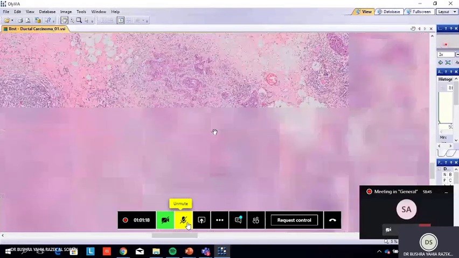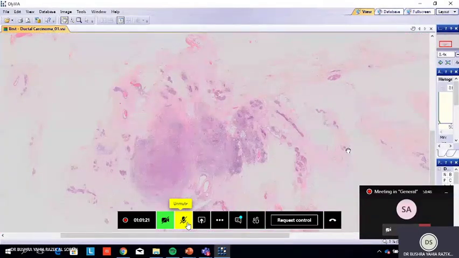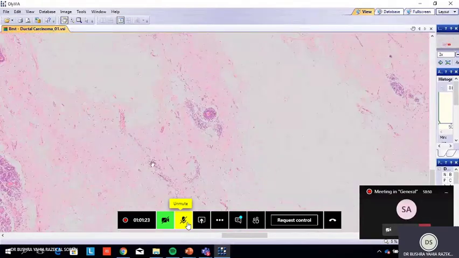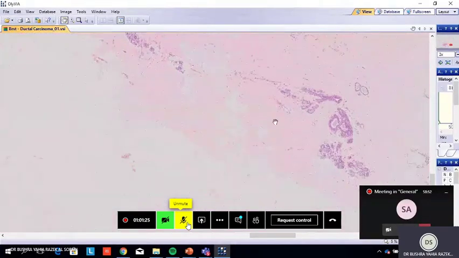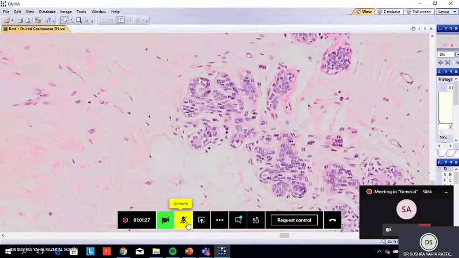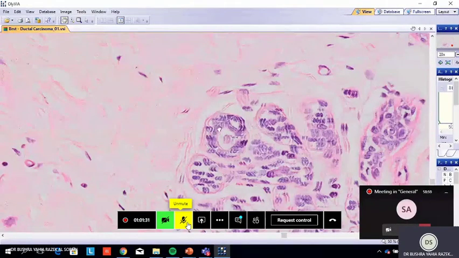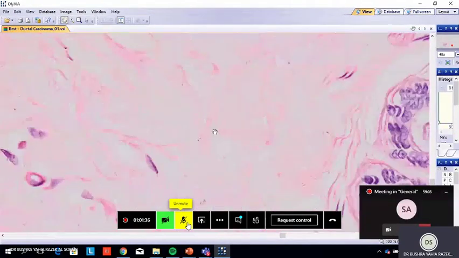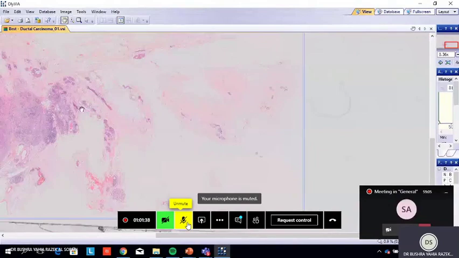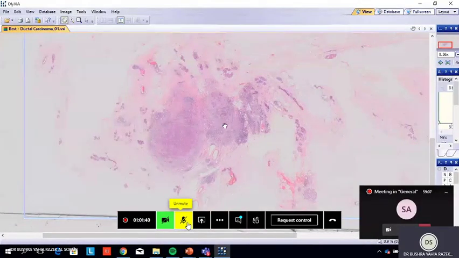It's not like the normal. Remember the normal duct, how is it? Can you see those normal ducts? They are round, they have this supporting myoepithelium, no invasion to the surrounding. Okay? Any question?